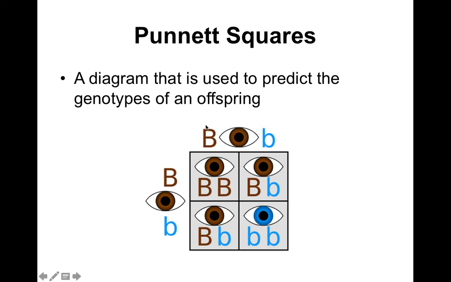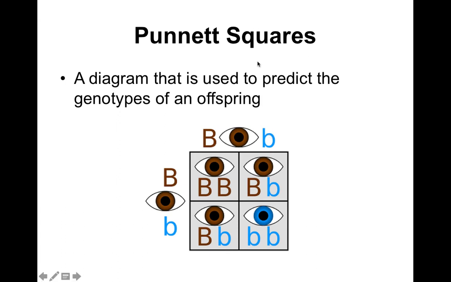Now up here, each person has a mom and a dad. So let's say that this gene came from mom, and this gene came from dad. Remember, it's the same gene, it's on the same chromosome, different alleles. So brown basically means pigment, there's pigment in your eyes, and blue codes for no pigment in your eye color.